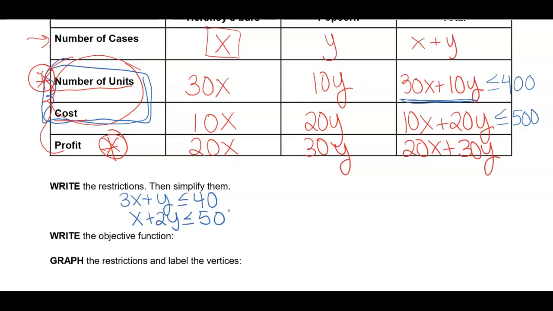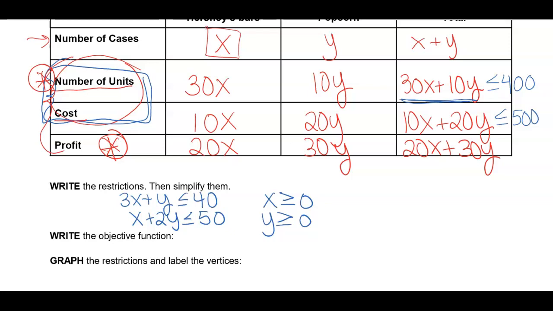So I'm also going to write down here that x has to be greater than or equal to 0, and y also has to be greater than or equal to 0. Is everybody okay with these two restrictions I've added? These are just like real life restrictions that I can't work in like negative number of cases that I ordered, okay? All right. The next part says to write the objective function.